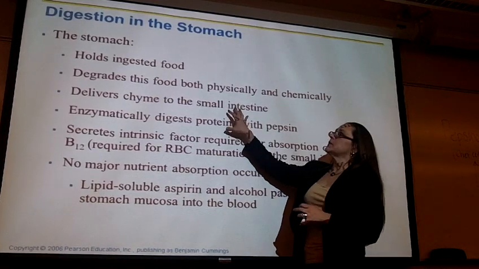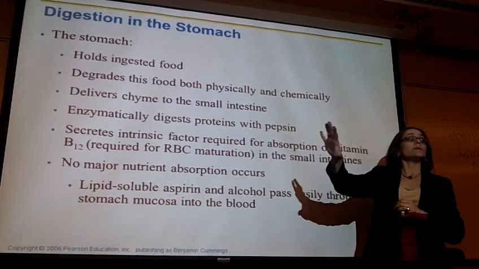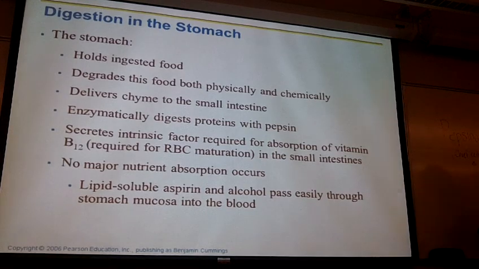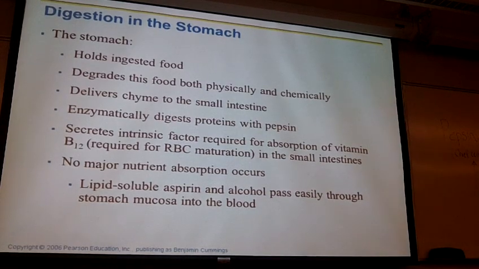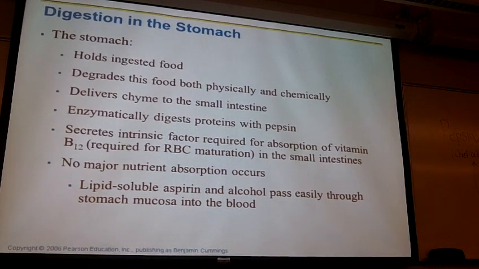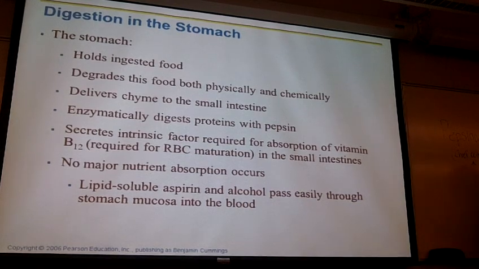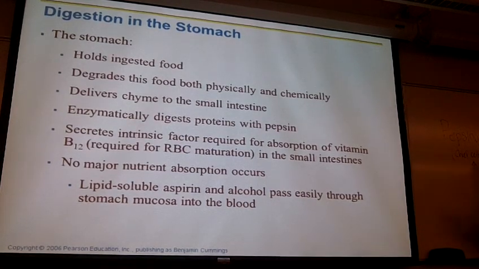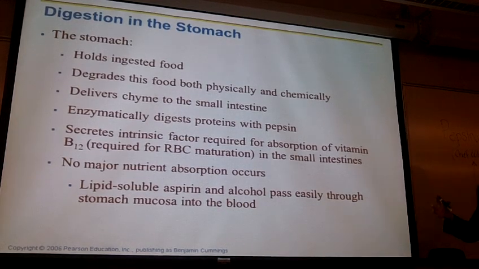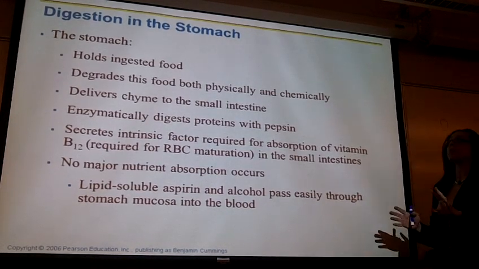Now, we can't send all of that material all at once to the small intestine, because that would be a huge amount of acidic fluid going to the small intestine all at once. And that would damage the small intestine, that would cause huge water shifts, huge osmotic changes, and water would start flowing all over the place. It would be very bad.